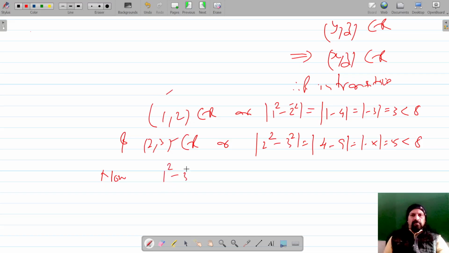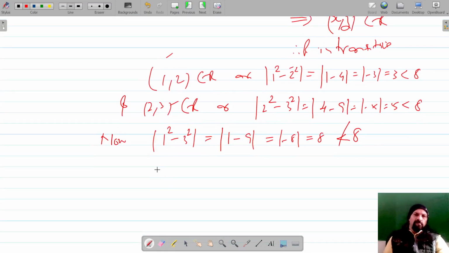Now let's check it for 1 and 3. Modulus of 1² − 3² is 1 − 9, which is −8, which is 8, which is not less than 8, it's equal to 8. So that means (1, 3) does not belong to relation R. Therefore, R is not transitive.